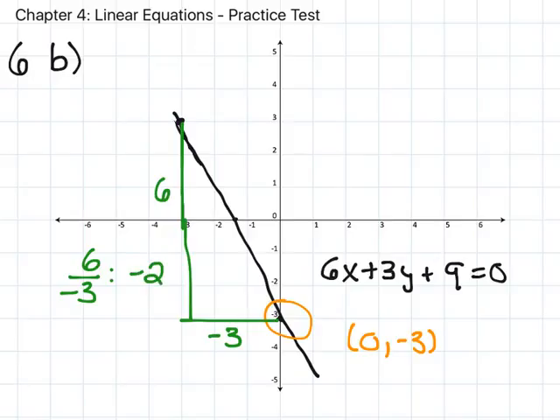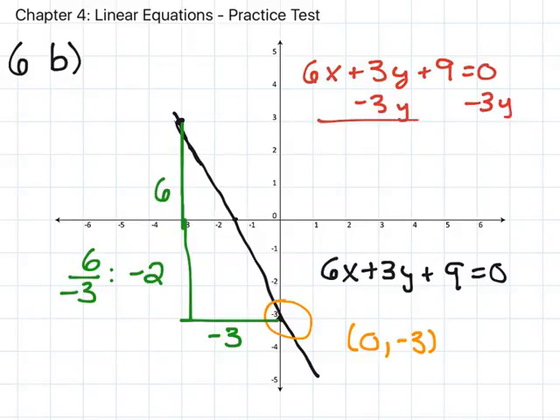And again, you can check this from your original equation, where you had 6x plus 3y plus 9 equal to 0. So we'll move y over, so it's almost by itself. So you get 6x plus 0 plus 9 is equal to negative 3y.